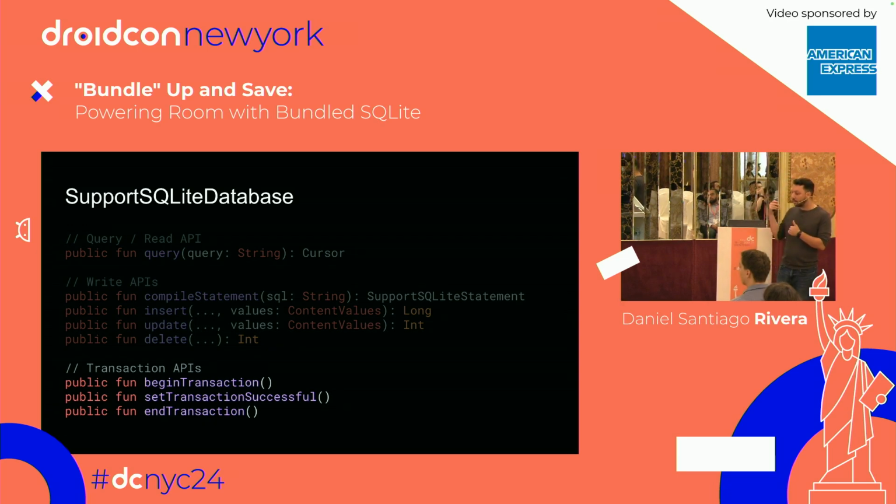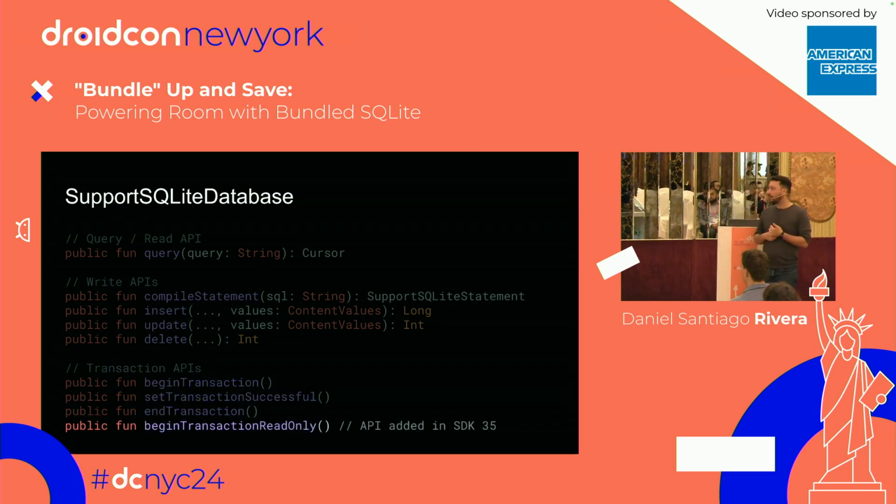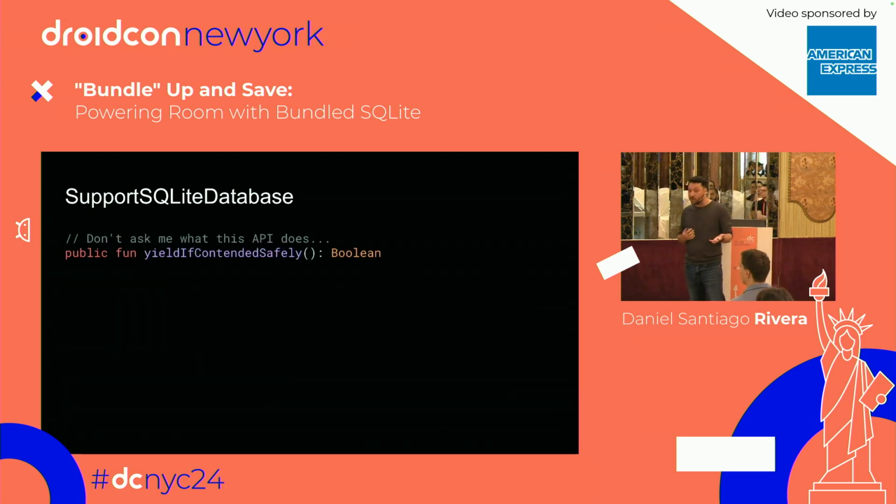But in essence, it is just an interface for backward compatibility, and that's how we've mostly been evolving it, by adding backward compatible APIs. For example, in Android 15 and SDK 35, we added a new method and we made it backwards compatible. But it is also a mirror of the Android APIs.